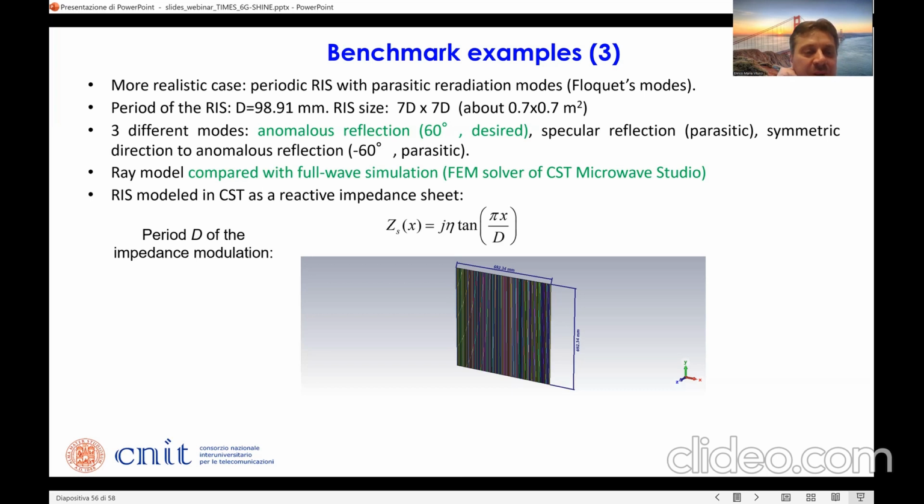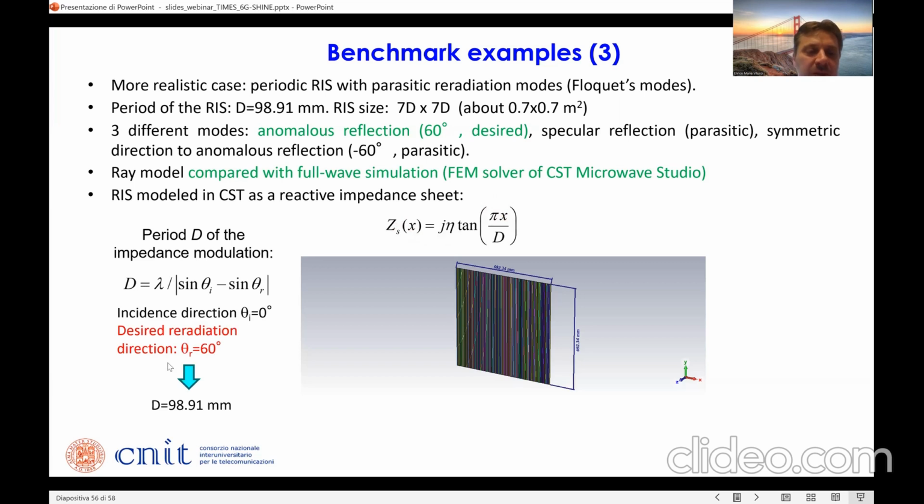And the RIS was modeled as a reactive periodic impedance sheet with a period D that is designed in order to ensure a desired radiation direction at theta r equal to 60 degrees when the incidence is normal to the surface.